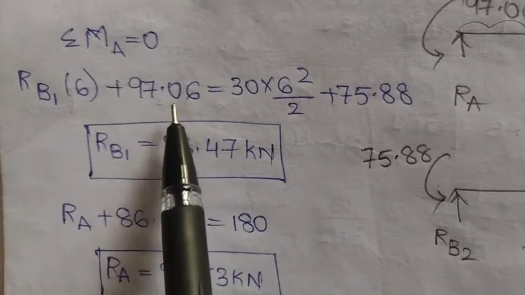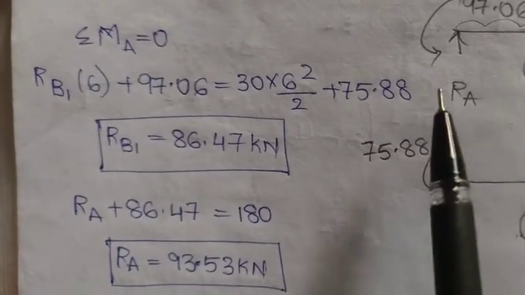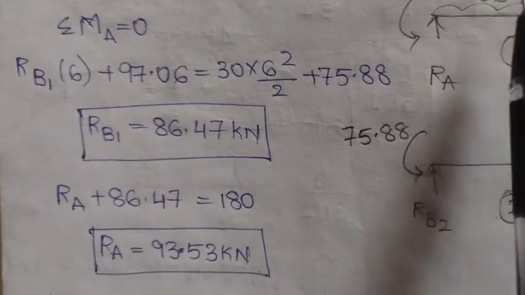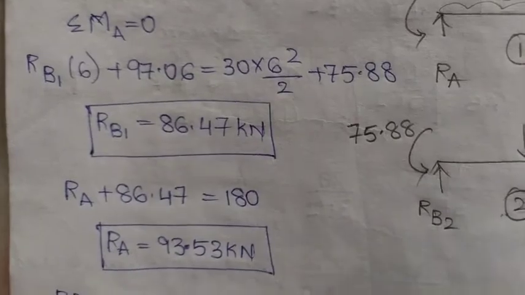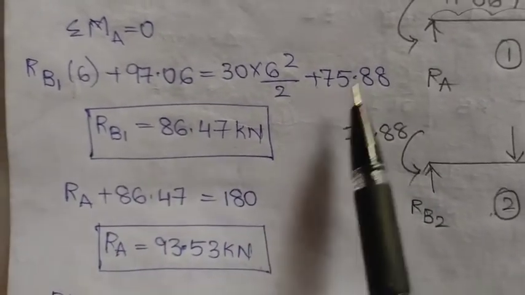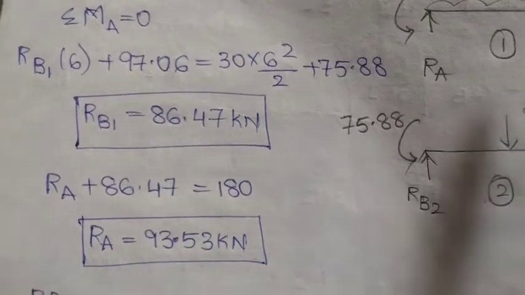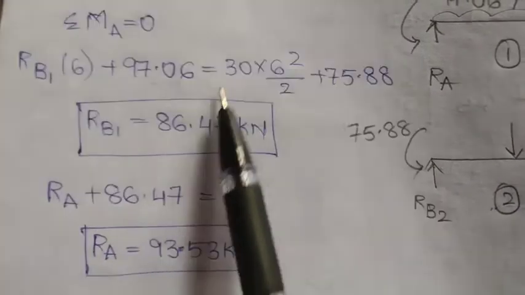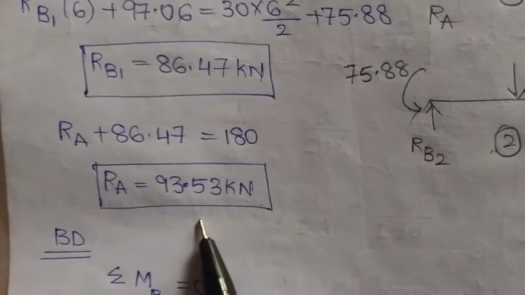As it is already a moment, we are not multiplying it with any distance. Next, the UDL, that is WL square by 2, 30 into 6 into 6 by 2, the centroidal distance, plus this moment 75.58. So we'll be getting Rb1, and using this expression we'll get Ra also, the reactions.